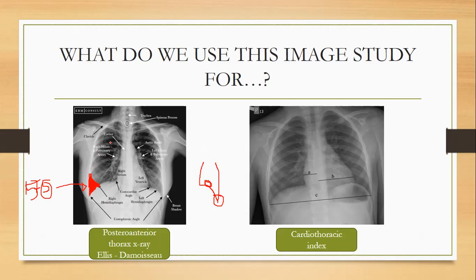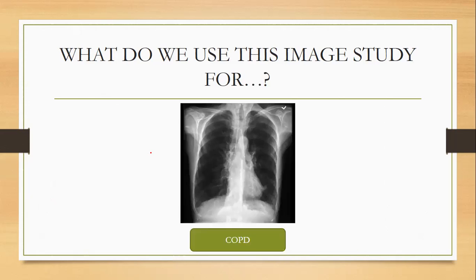However, what about this one? It's darker than the normal ones, right? So it's darker, more blackish lung areas. So that is hyperinflated lungs. What you said is related to it, right?